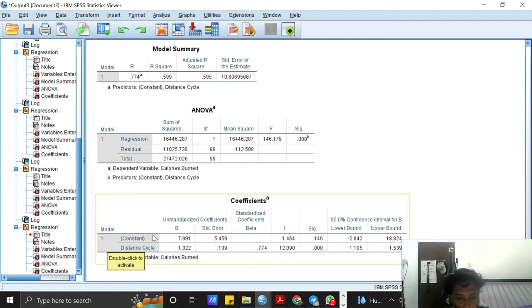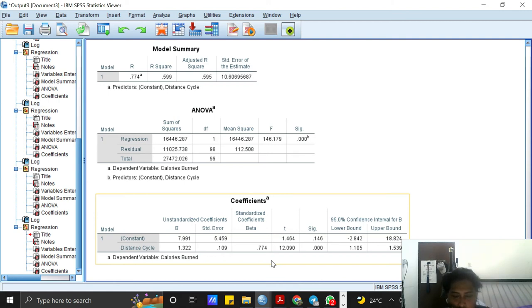Then we need to look at our t. So the t for constant is 1.464, and our distance cycle is 12.090. So there are two things that we need to make for the decision.